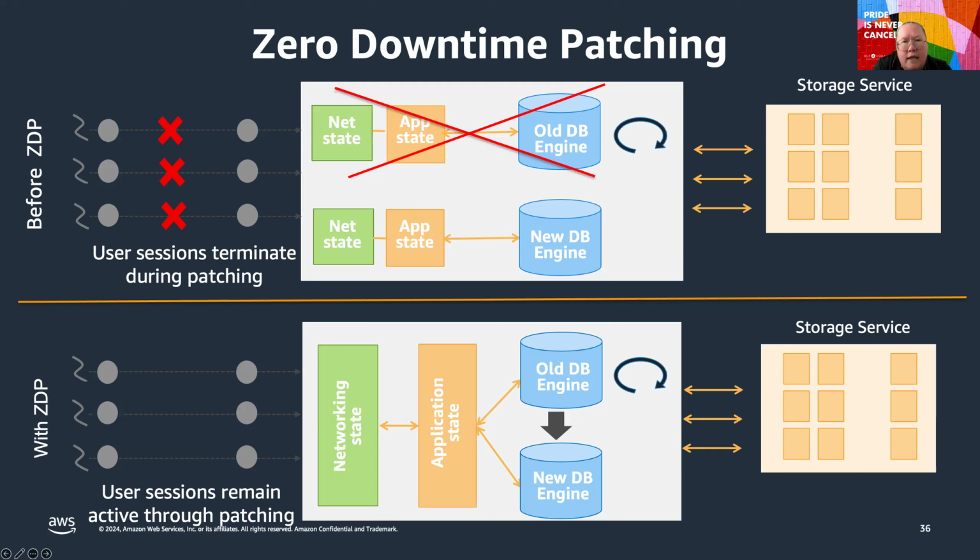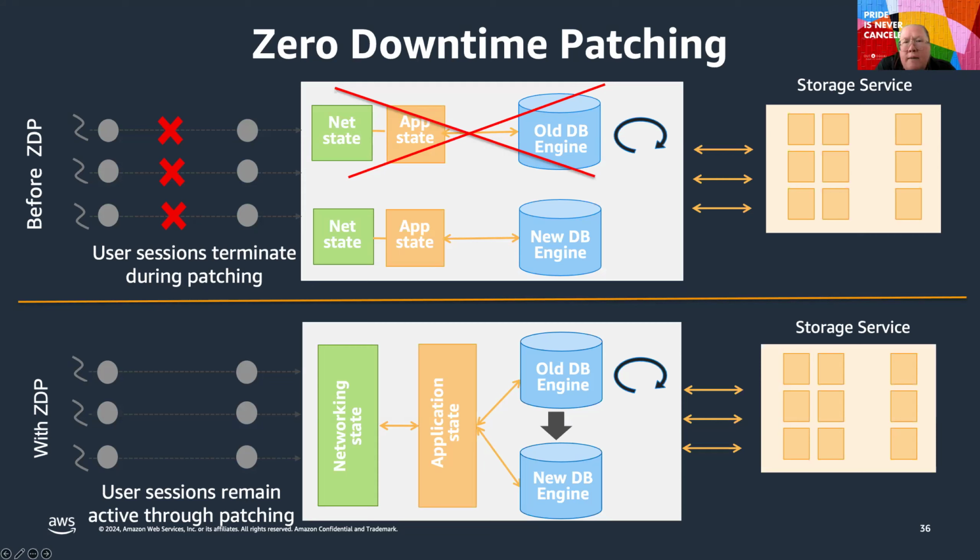So if the ZDP, so zero downtime patching, is successful, all the sessions are preserved and the database engine restarts while patching. So it actually is not seen as a downtime by the users. In case that's not functional or you can't use the ZDP, then it will cause a downtime when you actually have to restart the engine.